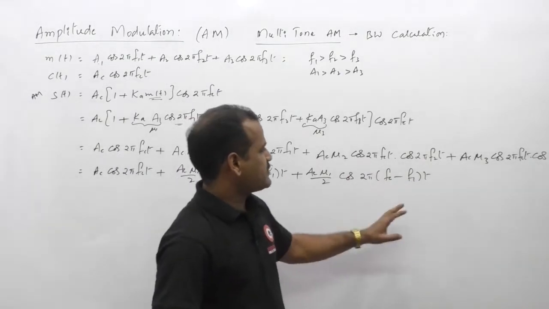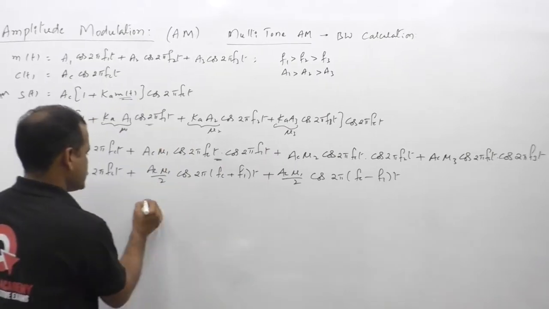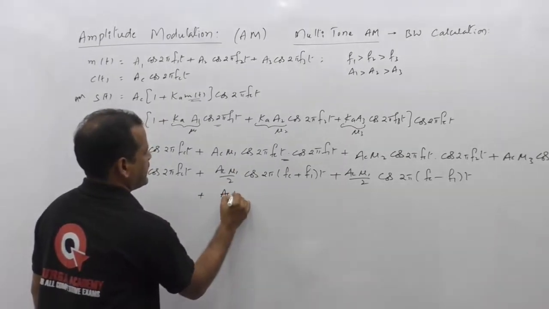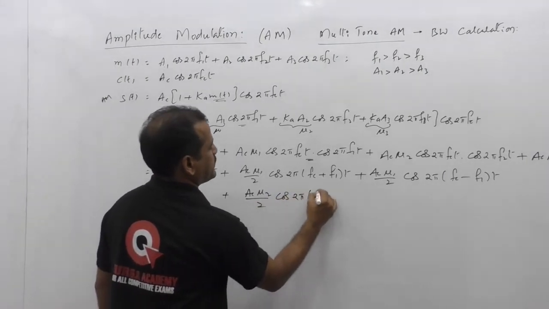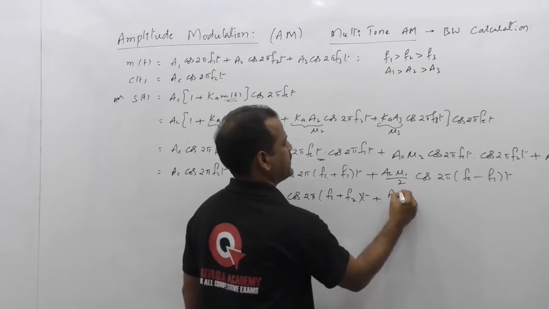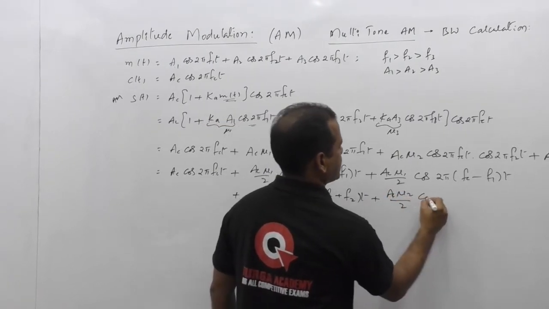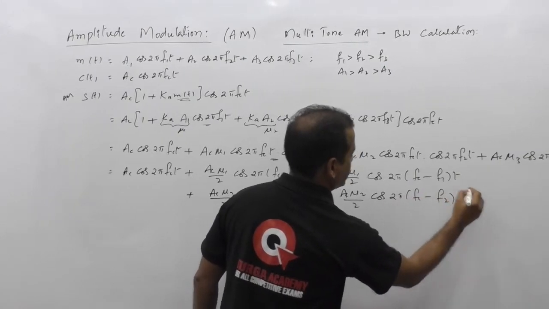Similarly, we have to apply the same identity for these 2 terms. I will write these 2 expansions here. Next we will get AC mu2 by 2 cos 2 pi fc plus f2t, and similarly here AC mu2 by 2 cos 2 pi fc minus f2t.